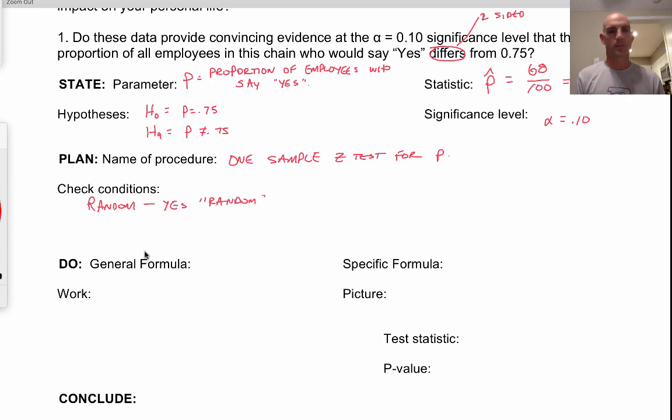Let's see. Does it meet the 10% condition? So it's a large chain. It made sure to say that. So we're going to say that 10% is less than 1/10 of all employees. Is our large counts met?